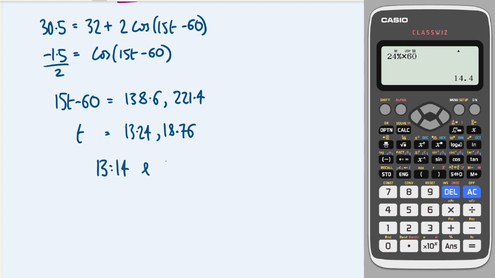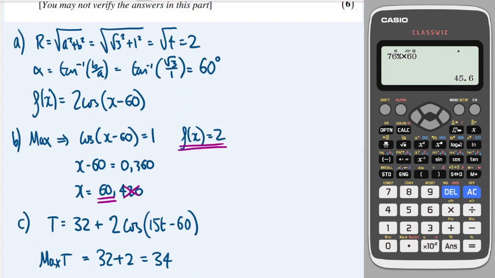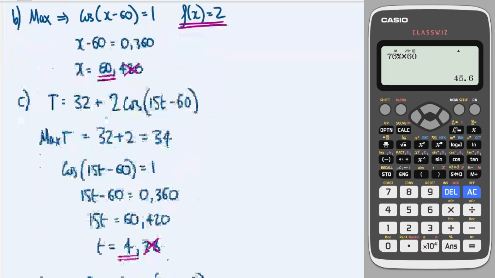And the other time is 18 hours and 76% of 60 minutes, which gives me the minutes as 46. And I believe that's what they asked for. And we are done.